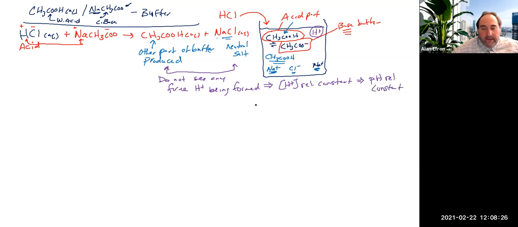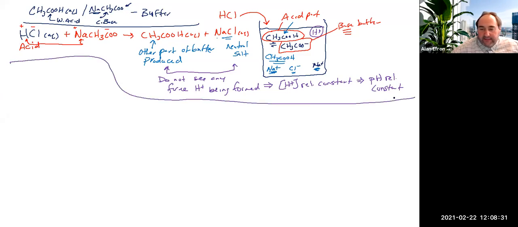Ultimately, when we add our acid to our buffer, instead of producing a lot of free H plus, the H plus gets tied up and makes acetic acid, and it makes sodium chloride in this case. By not making any more free H plus that wasn't there to begin with, we keep the concentration constant and the pH will remain constant.